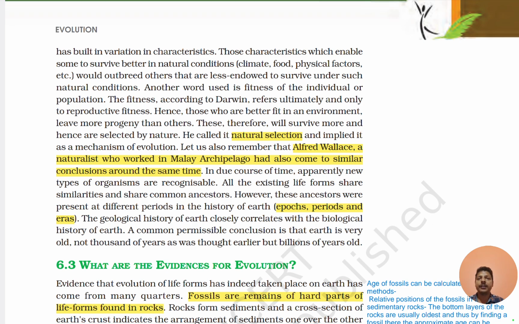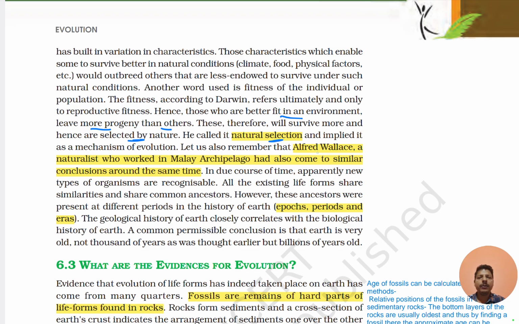The fitness, according to Darwin, refers ultimately and only to reproductive fitness. Hence, those who are better fit in an environment leave more progeny than others. Simple. These therefore will survive more and hence are selected by nature. He called it natural selection.